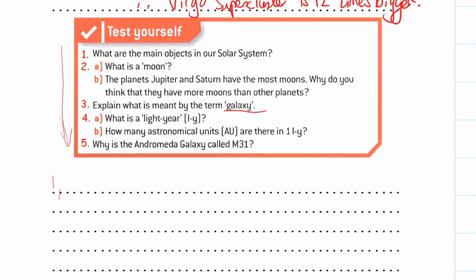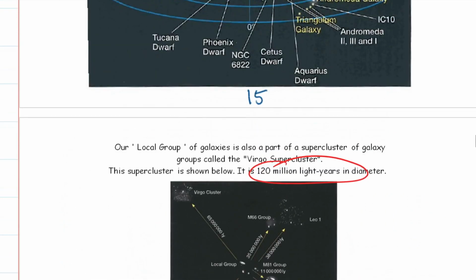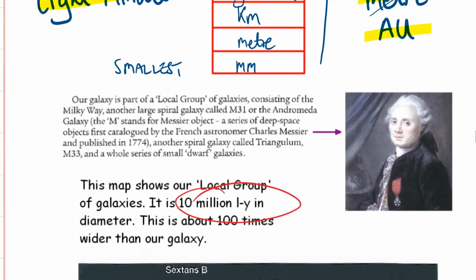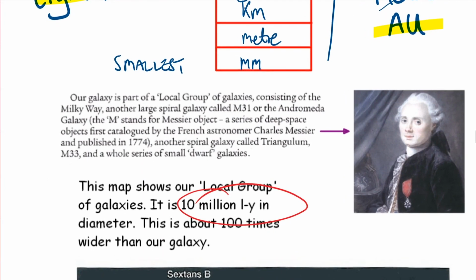If you look back in your booklet, this gentleman here would be responsible for that. M, after the French astronomer Charles Messier, who catalogued these different galaxies.